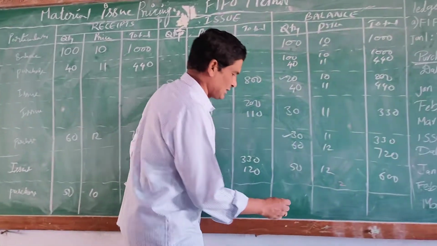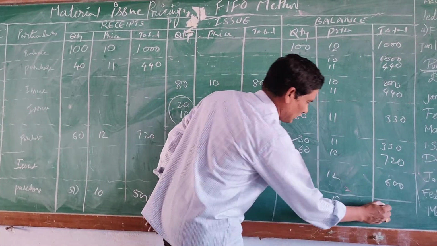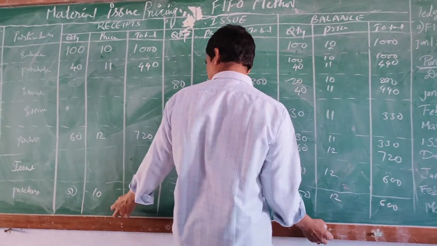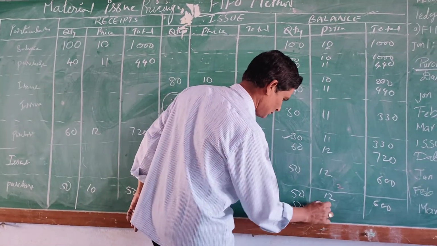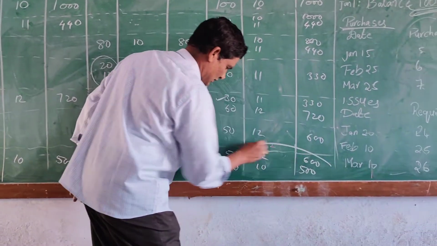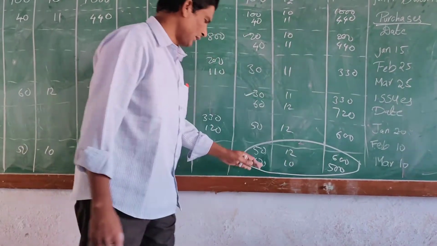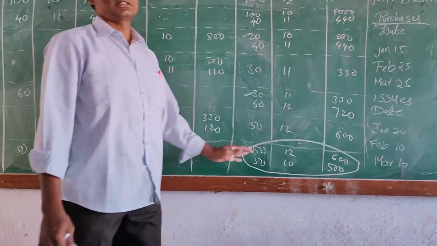So the balance is obviously 50 into 12, 600, then 50 into 10, 500. This is the answer.